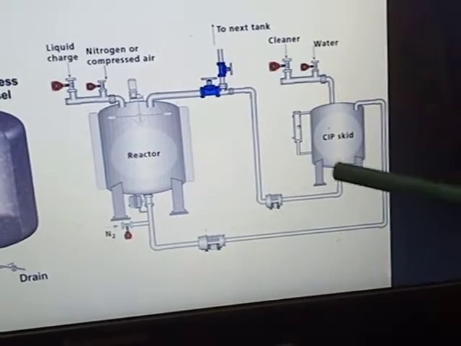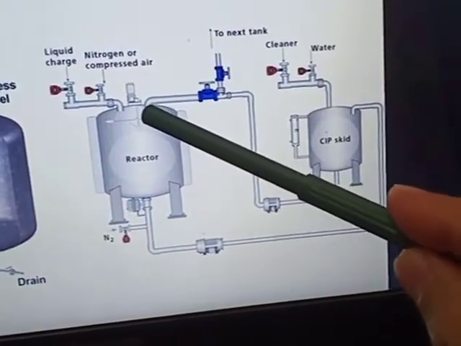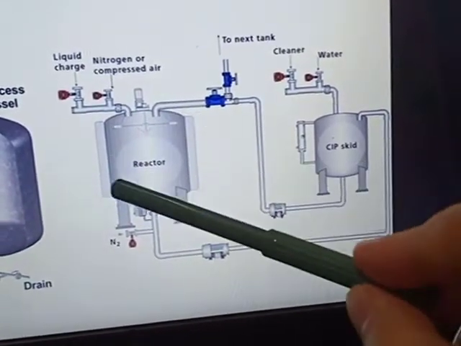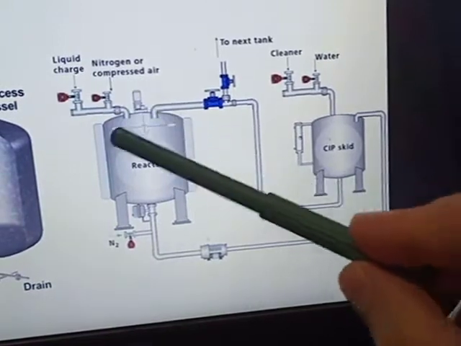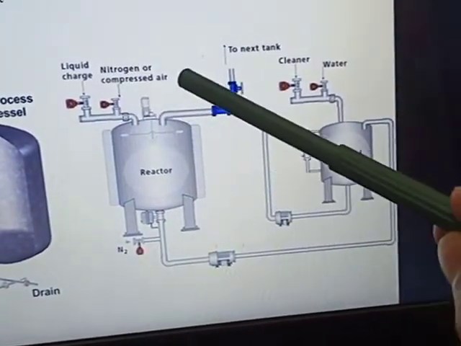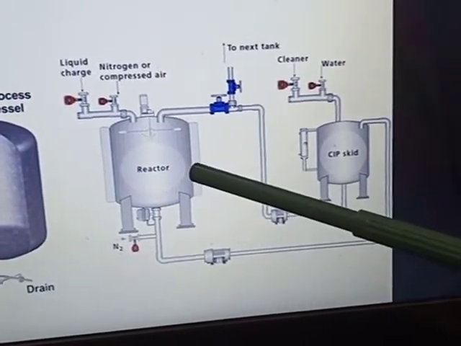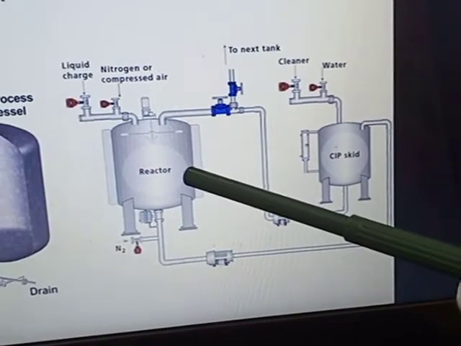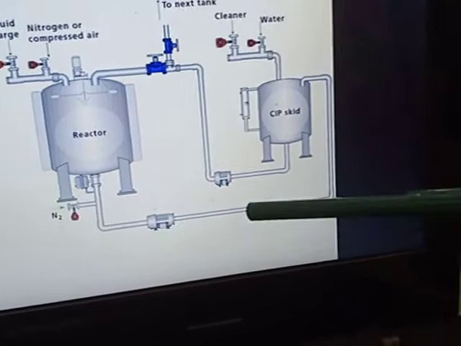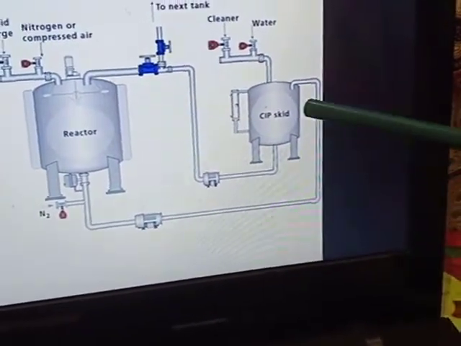This will be pumped into the reactor and sprayed, so inside the reactor will be sprayed and all the dirt will be cleaned. You're going to have liquid charge, nitrogen or compressed air, all this to dry up the internal of the reactor, and all this will be pumped out, either pumped away from the system or recycled.